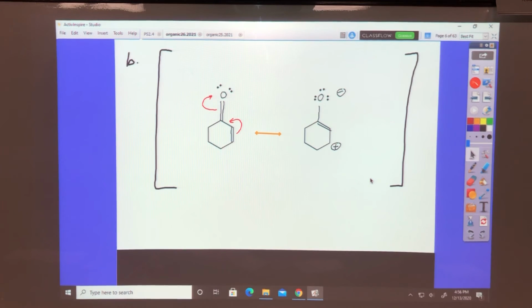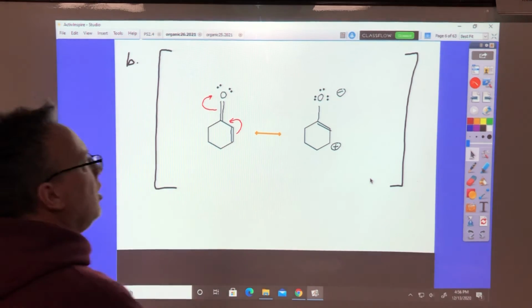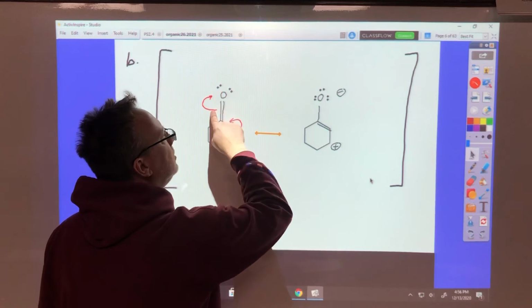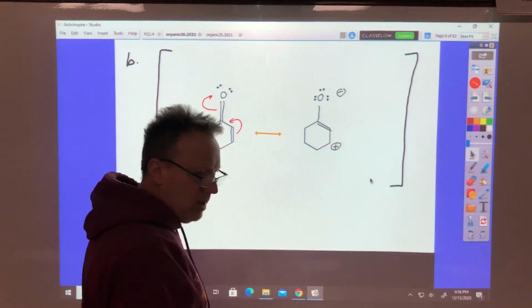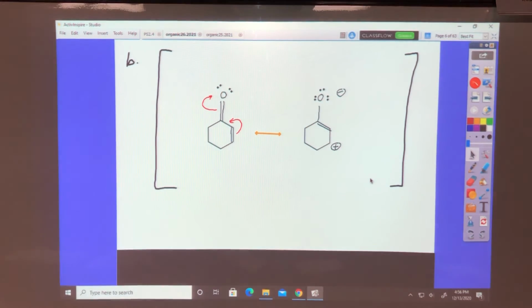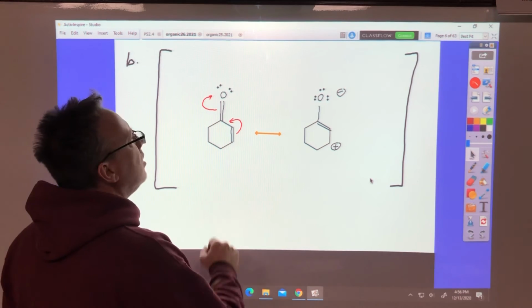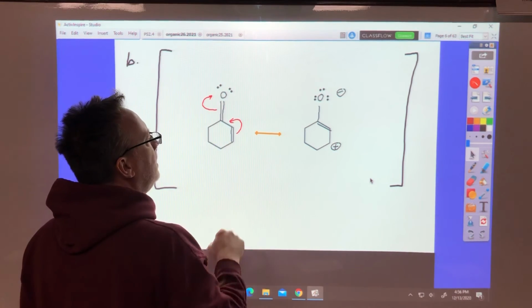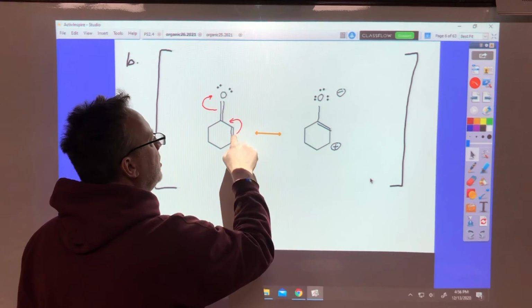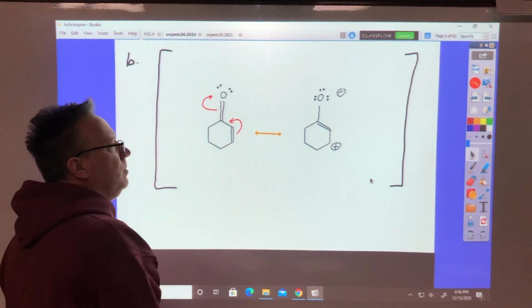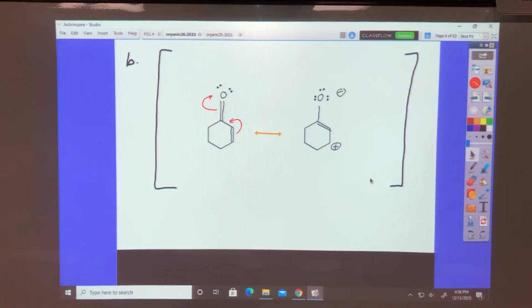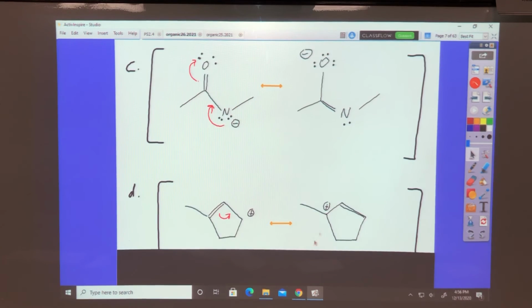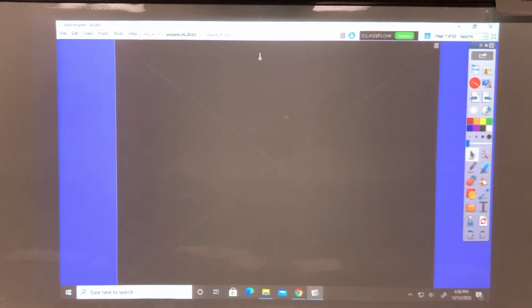B. Okay, once you draw your lone pairs in the way you're supposed to, and figure where your formal charges go, then you can figure where the curved arrows go. You have to take a lone pair out of that bond and move your pair of electrons from here to there. And C. Okay.